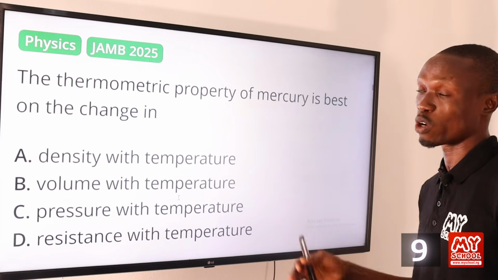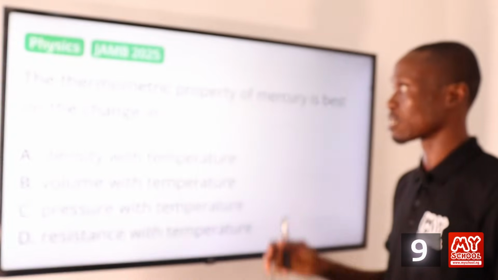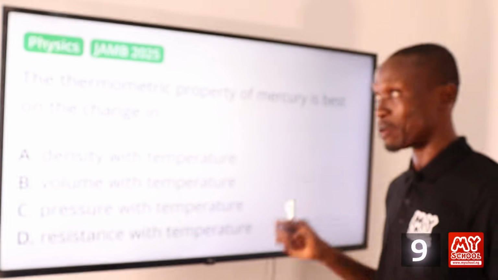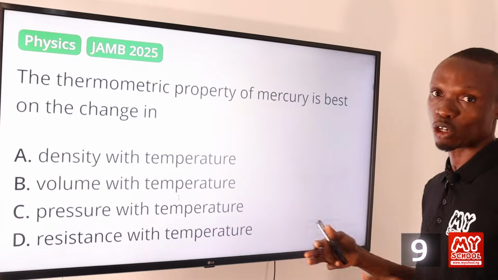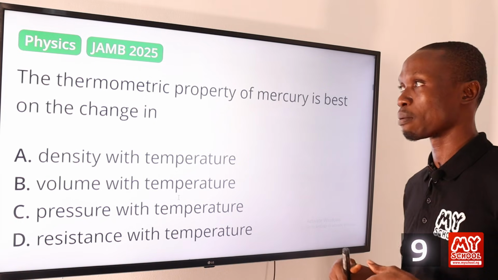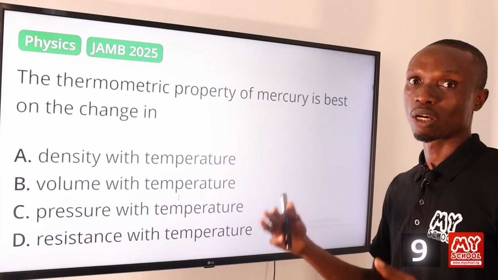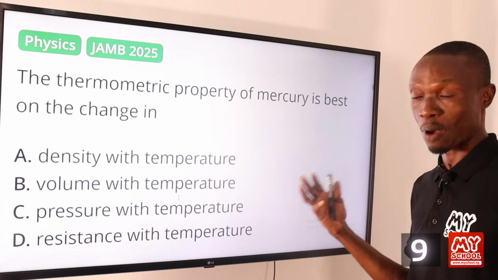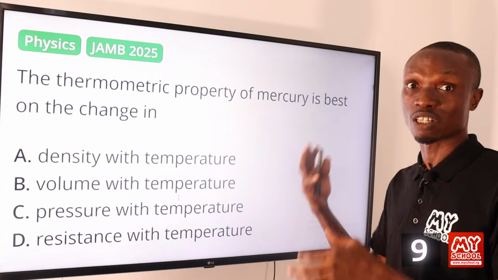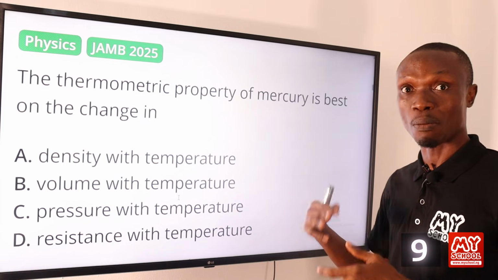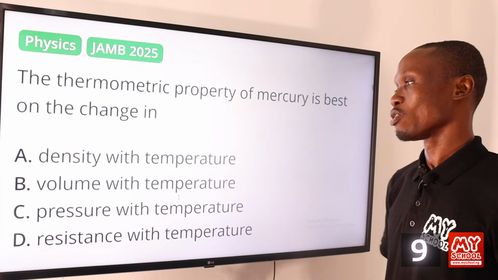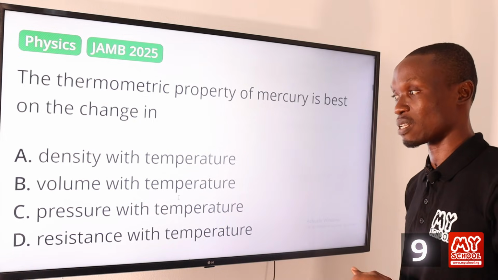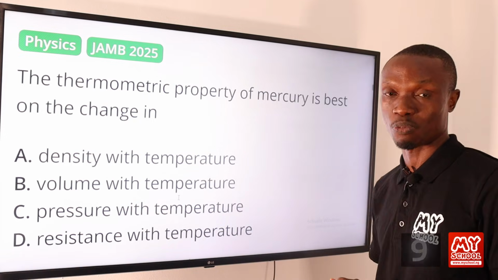So the answer to this question is option B. The thermometric property of mercury is based on the change in volume with temperature, and the reason for that is because mercury thermometers rely on thermal expansion of volume. That is, when there's a change in temperature, that also brings about a change in the volume of the mercury. So that makes option B the correct answer to this question, volume with temperature.